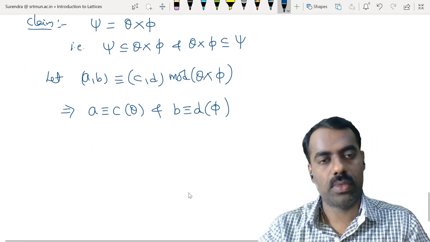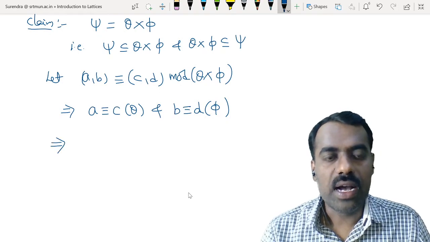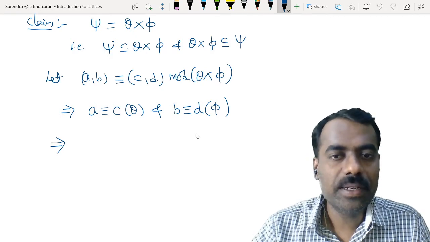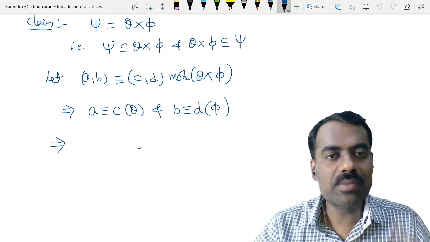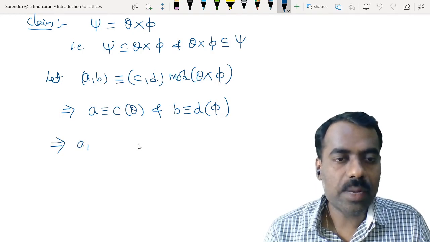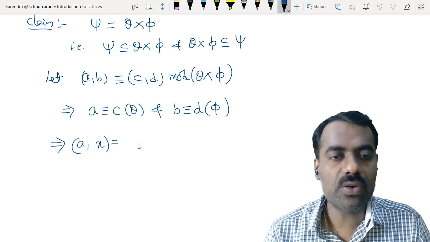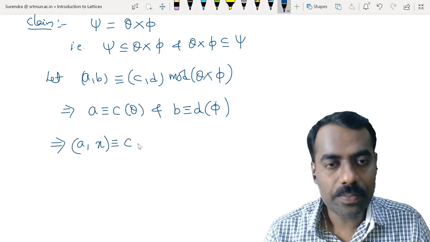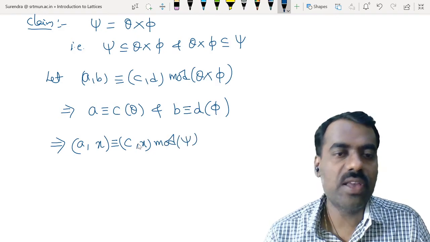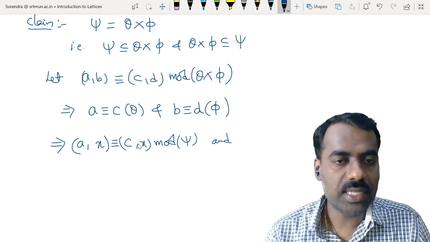Now A is congruent to C modulo theta is defined in terms of psi. So you can write A comma x, call it some x, is congruent to C comma x modulo psi. And for this you can write y if necessary.